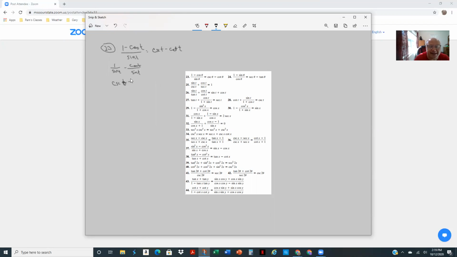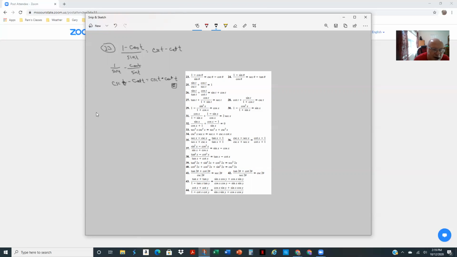So cosecant of t minus cosine over sine, well, that is cotangent. And that is the right-hand side. So not too hard, not too hard, okay?